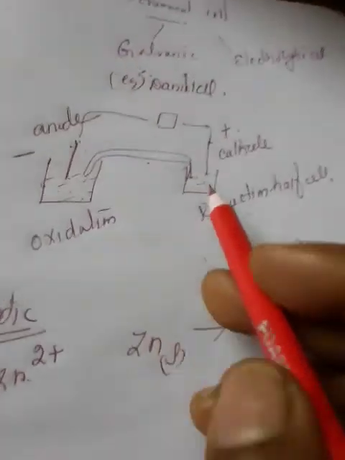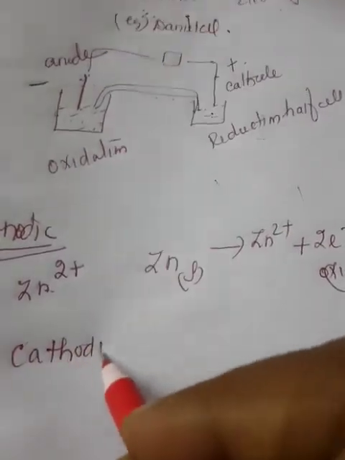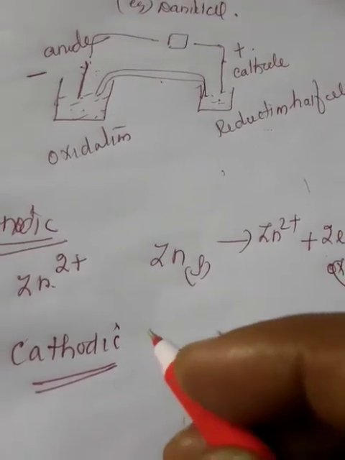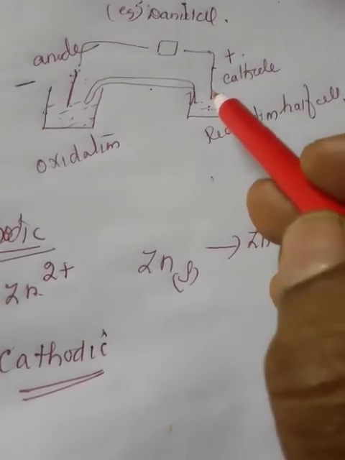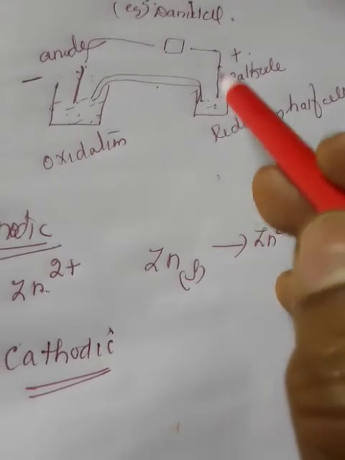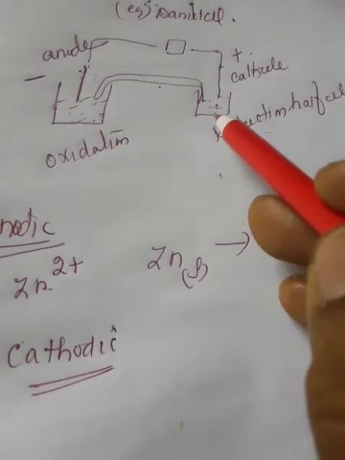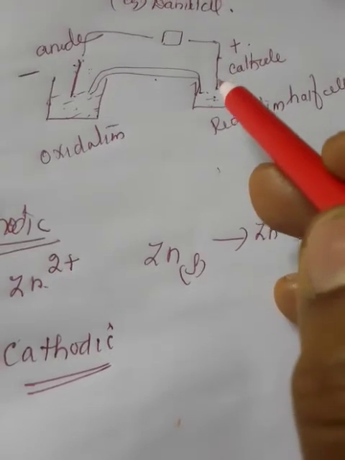Now, what reaction takes place in the cathode? In the cathodic compartment, electrons flow through the circuit from zinc to copper, where the Cu2+ ions in the solution accept the 2 electrons and are reduced to copper, which is deposited on the electrode.